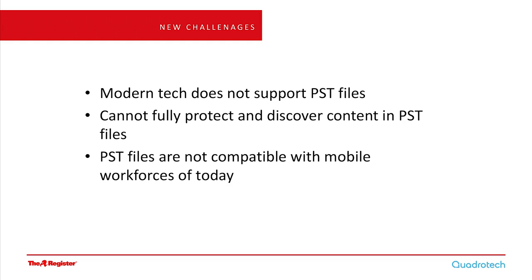And that means that you can't fully control this data. And even though that data is 10 years old, for a lot of organizations it's still in scope for certain case requirements. It has potential social security numbers and other national IDs and other information in it. And they're just not compatible with the mobile workforces that we have today, regardless of what working life is going to be like for office employees that are currently at home and maybe going back to work.